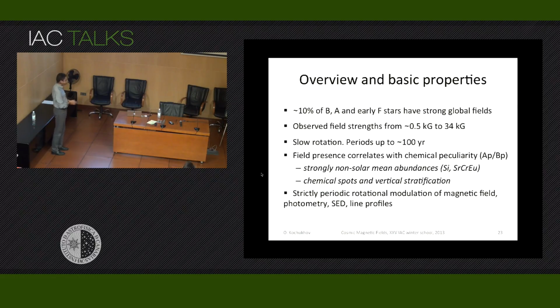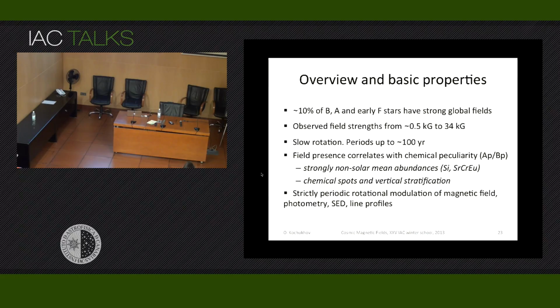And historically, those stars were the first to be discovered as magnetic, and that was a bit surprising. So that's not the place to have a dynamo at all. What is known about these stars is that not all of them have magnetic fields, but only 10%. And they have the spectral classes B and AF.